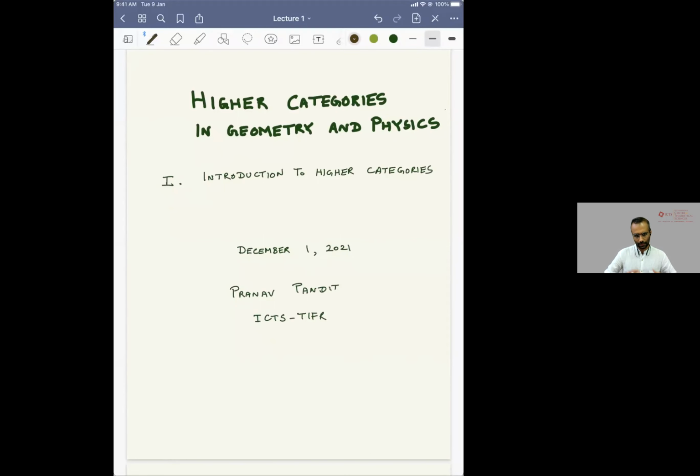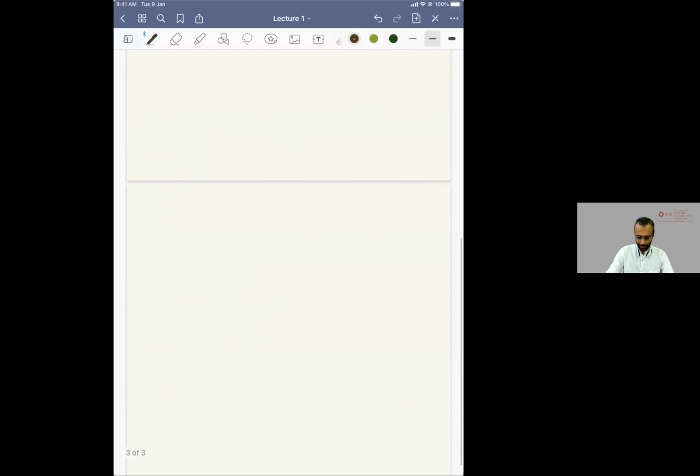The lectures are going to be mainly focused on telling you why you should care about higher categories in geometry and in other areas of mathematics, and not so much focused on the technical foundations of higher category theory, which is a whole subject in itself. I'll give you a flavor of that technical foundation, but I won't be giving detailed proofs of how things work. Today will be the day when I'll talk a little bit about those foundations, apart from giving motivation. Okay, so let me get started.